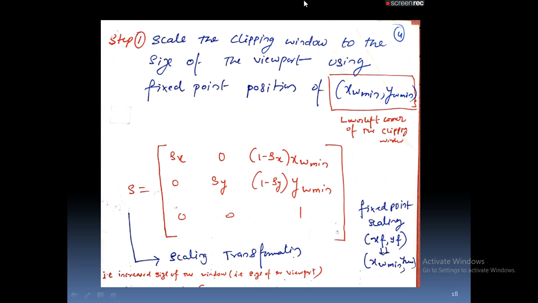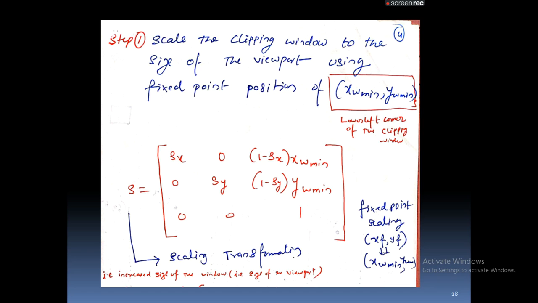As I have written, scale the clipping window to the size of the viewport using the fixed point position xw min and yw min. This xw min and yw min is nothing but the origin of the clipping window. Whenever you want to perform scaling, we need to scale the clipping window in such a way that the size of the clipping window becomes equal to the size of the viewport.